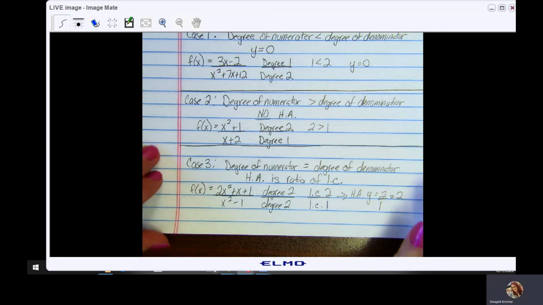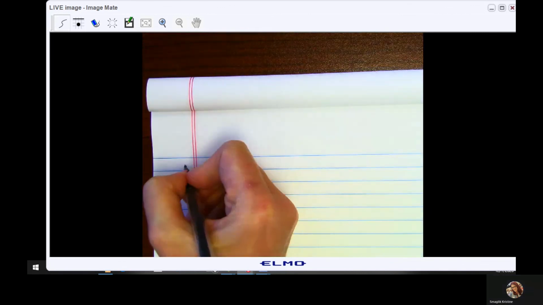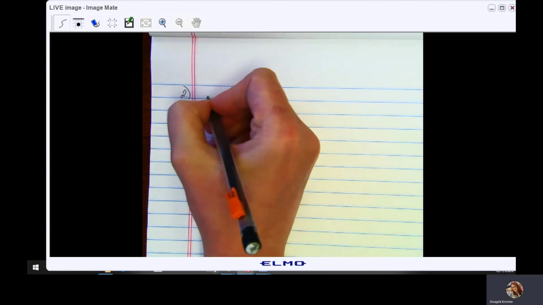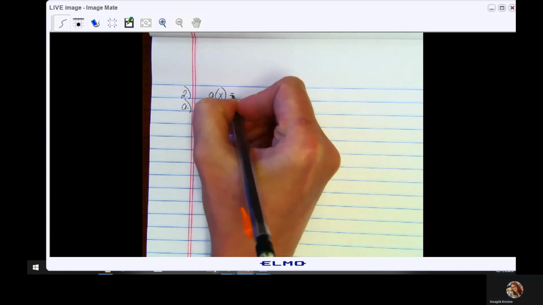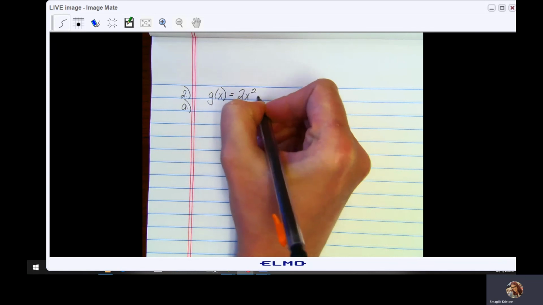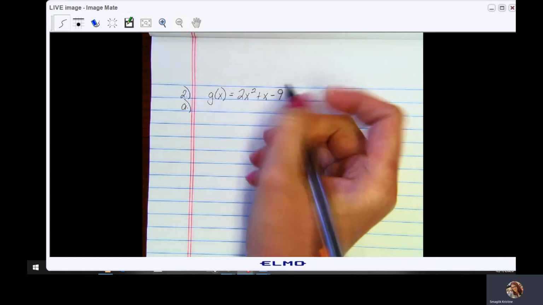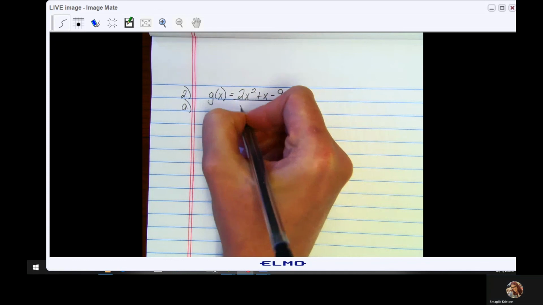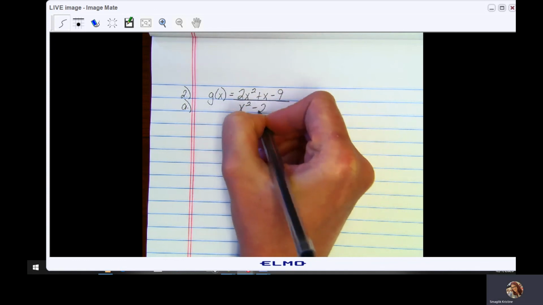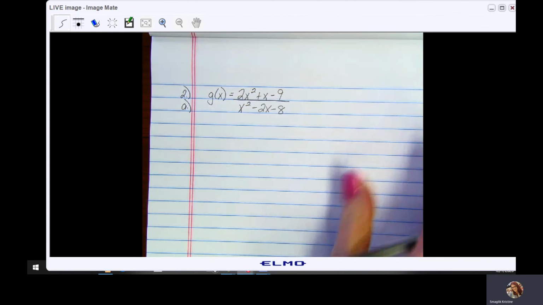Let's do some examples. So let's find the asymptotes. If I give you, this is going to be A in your triads, g of x equals 2x squared plus x minus 9 all over x squared minus 2x minus 8.